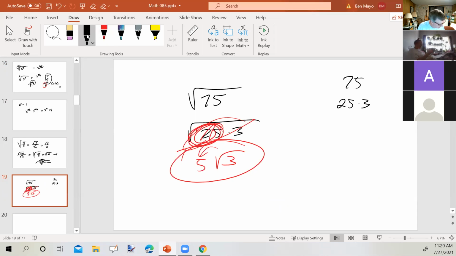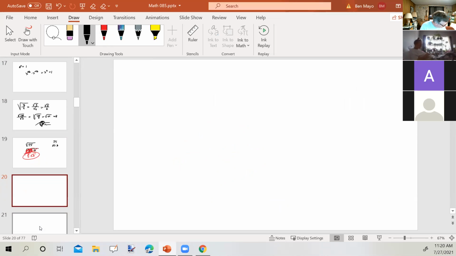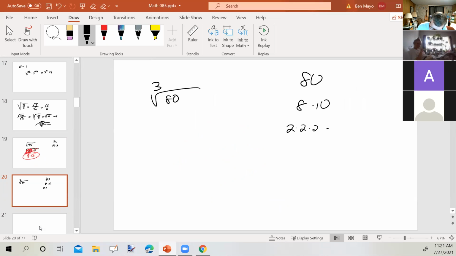Let's see here. What if you've got something like this, the cube root of 80. All right, so 80 is 8 times 10, so you've got 2 to the 4th power times 5.